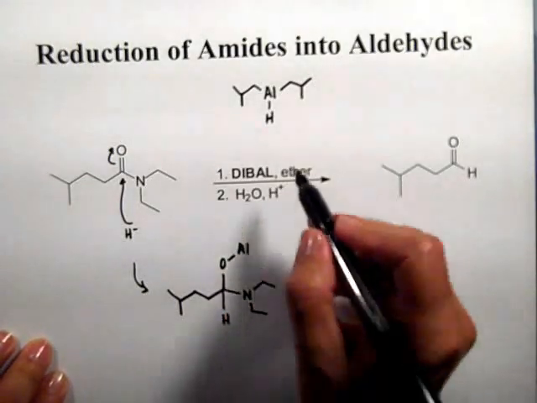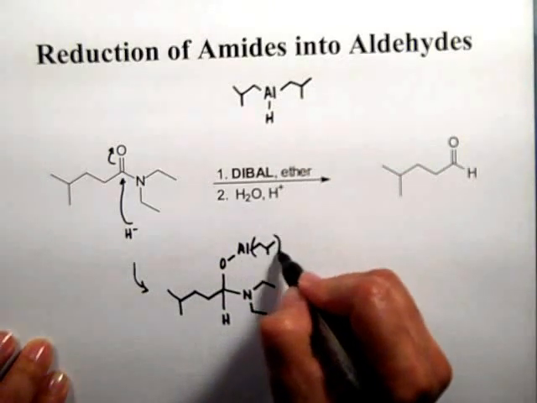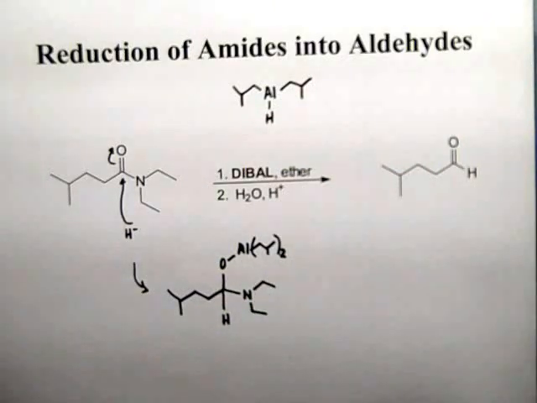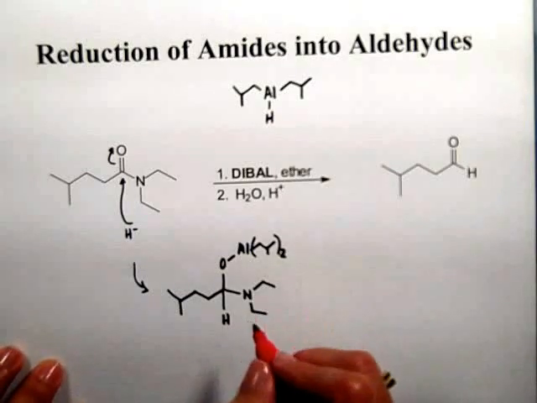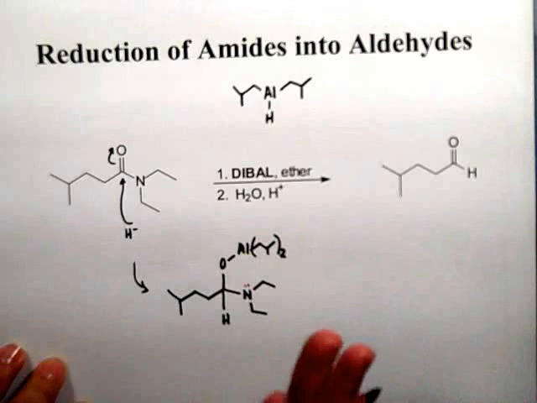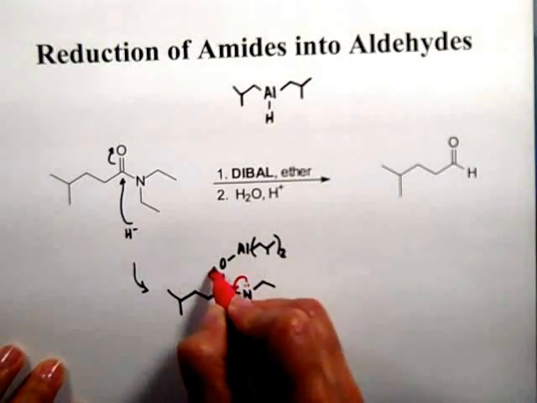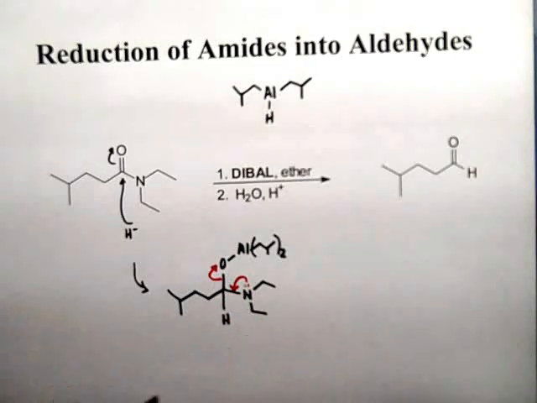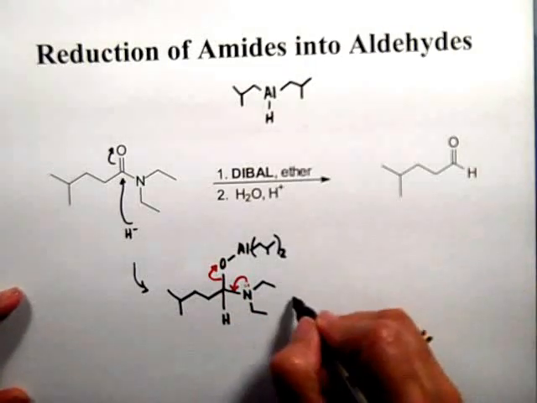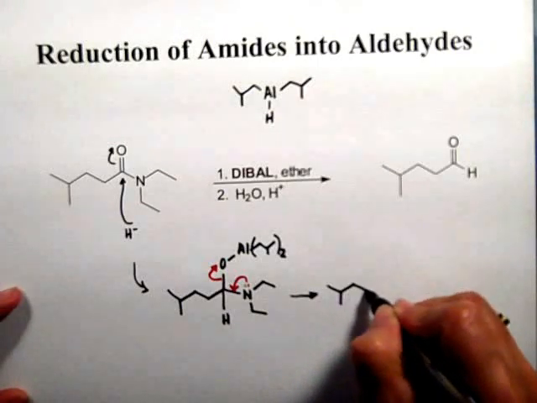That's what it likes to do. It has two isobutyls attached to it. We are going to go ahead and reform. It's almost the exact same mechanism as the previous one, except that I don't have enough hydrides. Alright, so we reform the carbonyl, we kick out the leaving group, and now something is gonna happen.